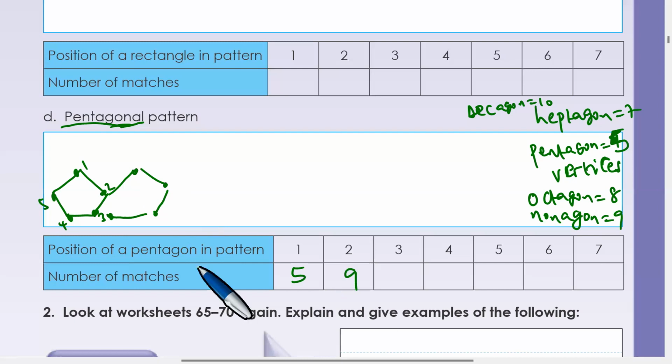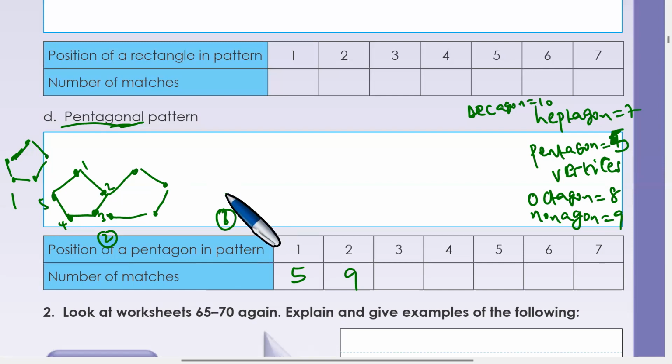Then you continue. So this is 2, obviously. If you look at 1, tail to head, tail to head, tail to head, tail to head, tail to head. This would be 1, and this would be 2, and then we're going to do 3 now. Just make the third pentagon.